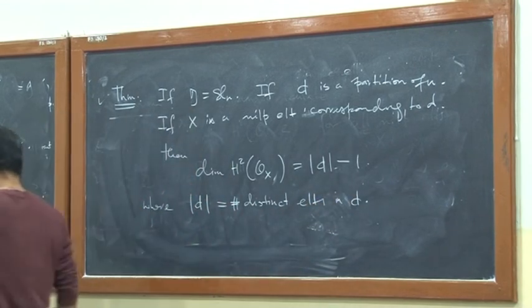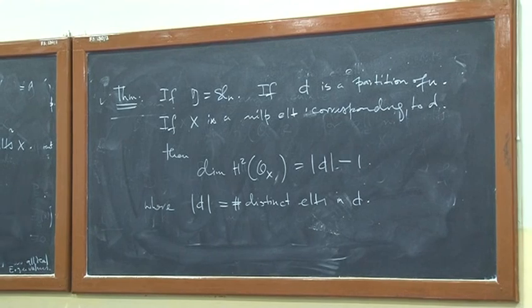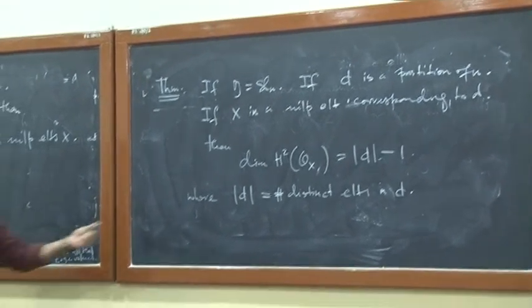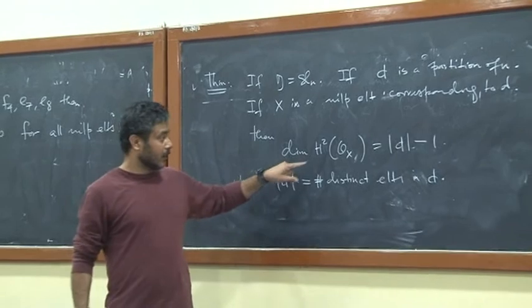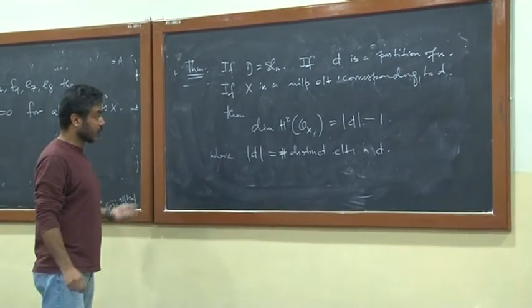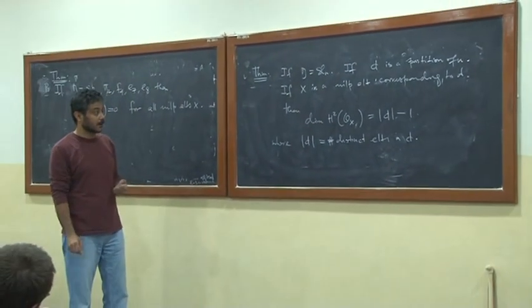So every nilpotent orbit corresponds to a partition, and if you take the number of elements in the partition to be the modulus of D, then this is exactly d minus 1, which coincides with the regular case.